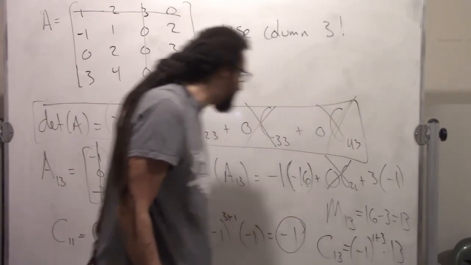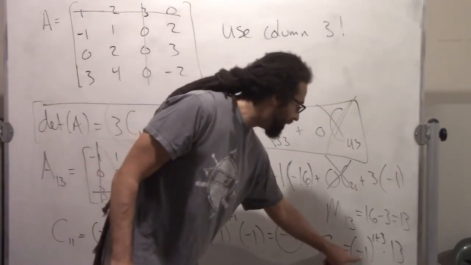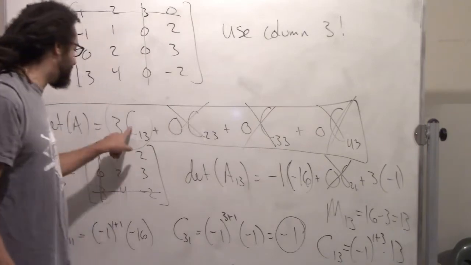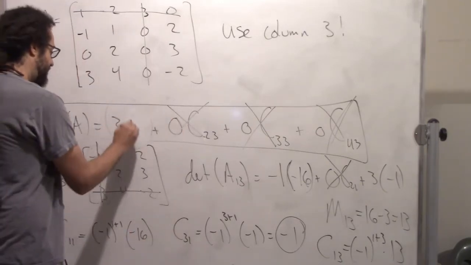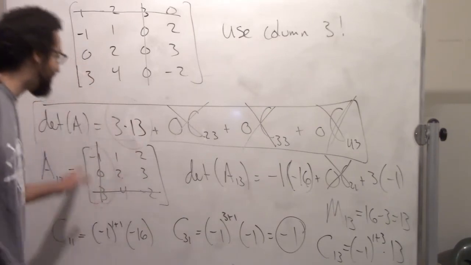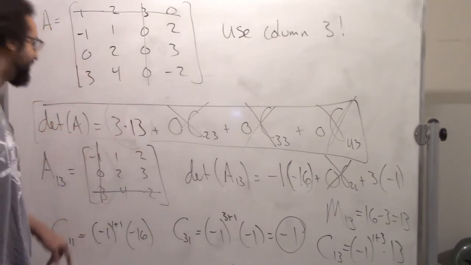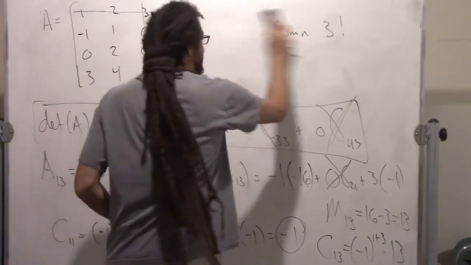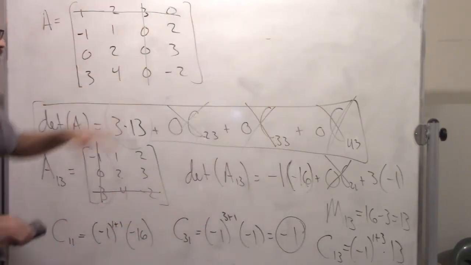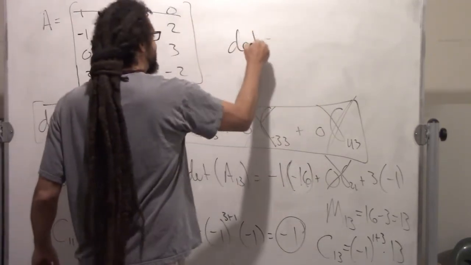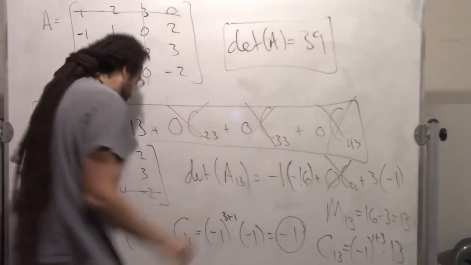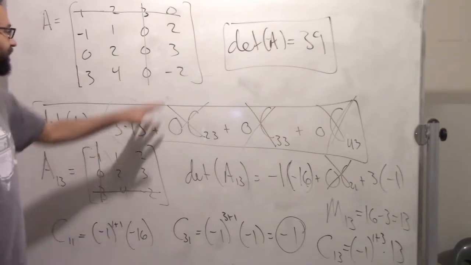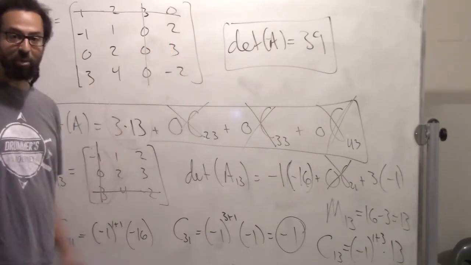So the 1, 3 cofactor is just positive 13. So here we get positive 13. And so the determinant of this matrix A is just 39. So at the end of the day, if A is this 4 by 4, then the determinant of A is equal to 39. So this would be a good final answer for the determinant of this 4 by 4 matrix.